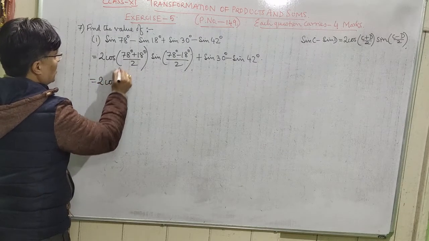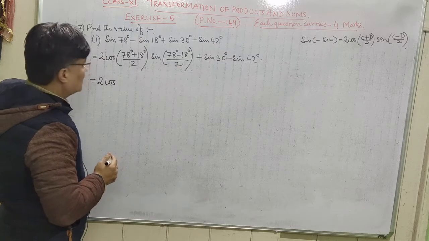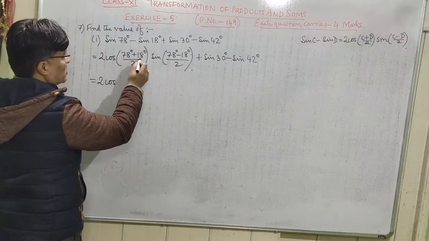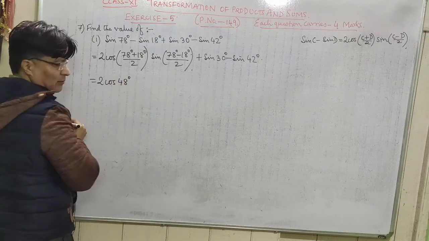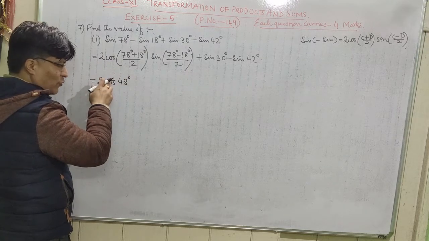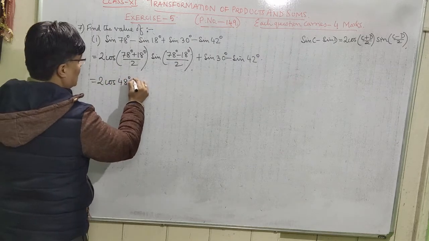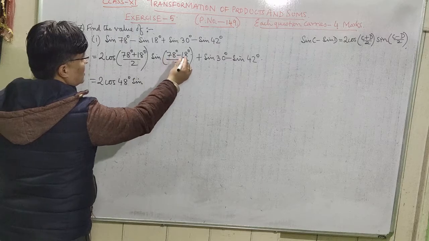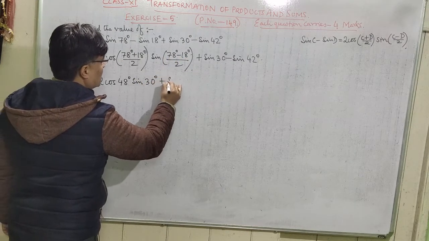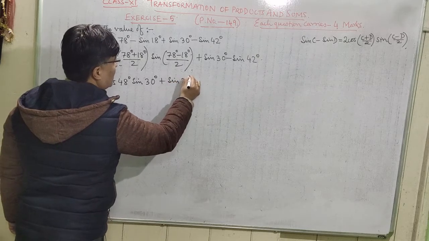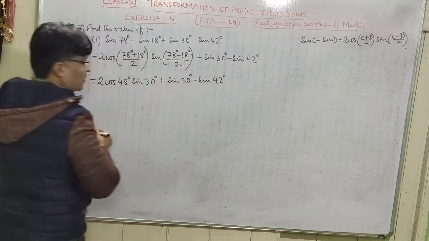So let us simplify it. So 2 cos, what is 78 plus 18? 96, isn't it? 8 plus 8 is 16, 1, 8 plus 1 is 9. 96 divided by 2 is 48 degree. Then it is sine, what is 78 minus 18? 60 by 2 is 30 degree. Plus sine 30 degree minus sine 42 degree, right?